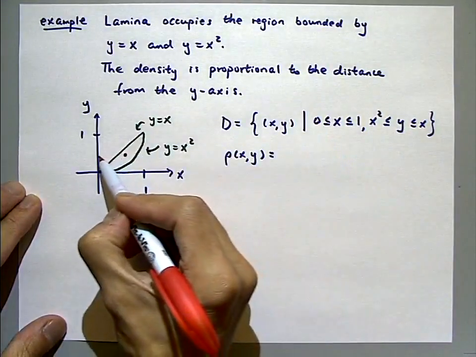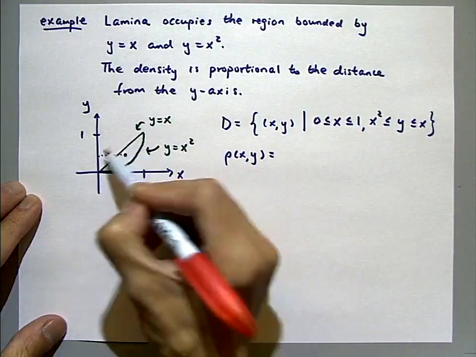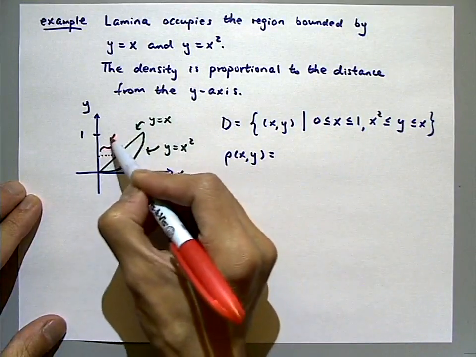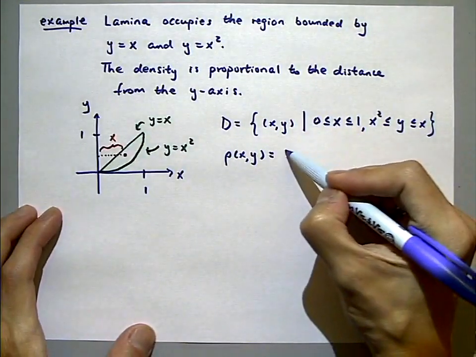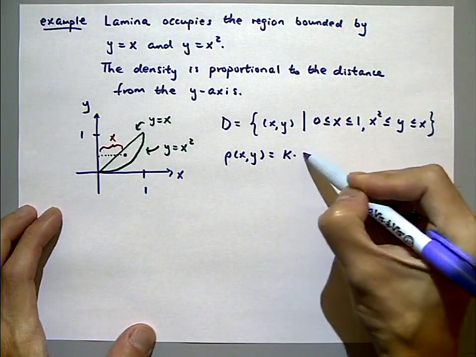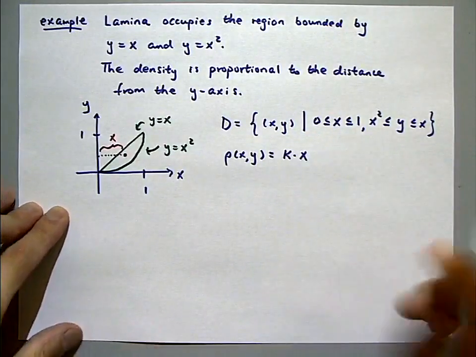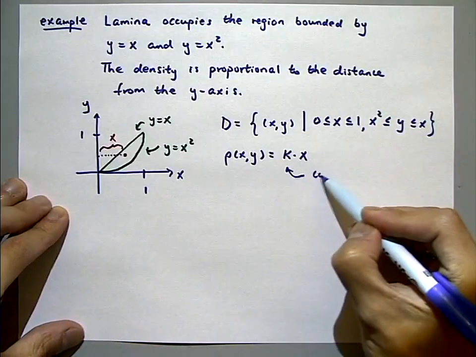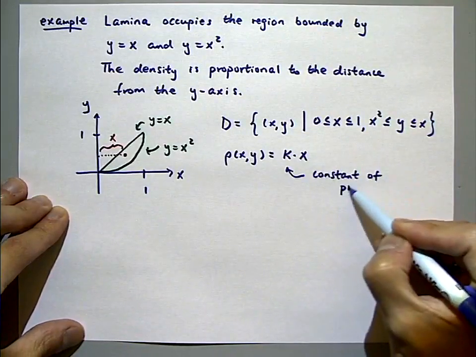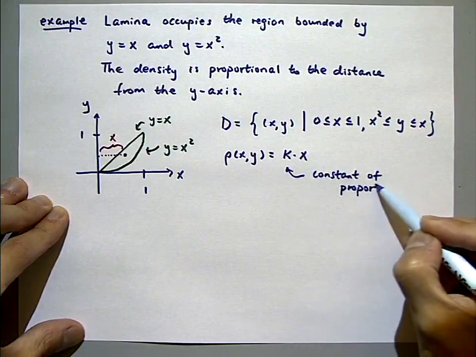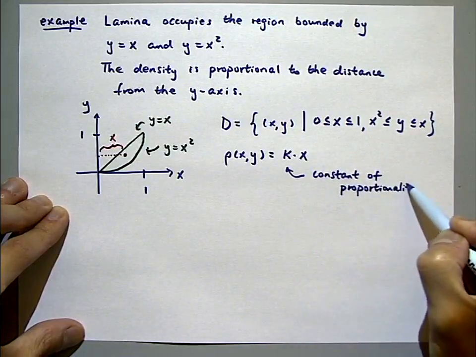What's the distance from the y-axis? x, right? So something proportional to that. And you're right, we need a constant of proportionality. That's where a k comes in. So it's k times x, right? k is just some constant, the constant of proportionality.